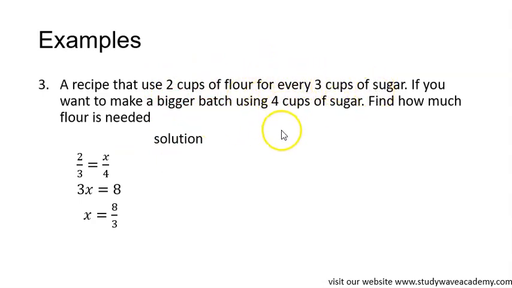So we have 2:3, which can be written as 2/3, okay? Now you want to make a bigger batch of this recipe. So you are using 4 cups of sugar, okay? So what quantity of flour are you going to use?